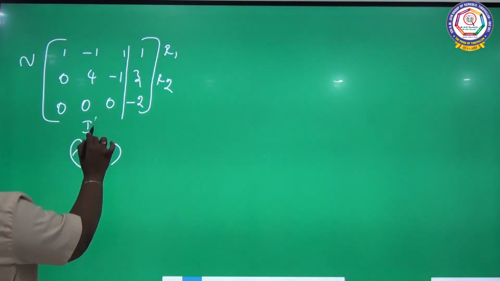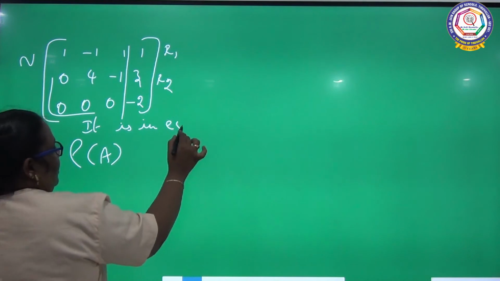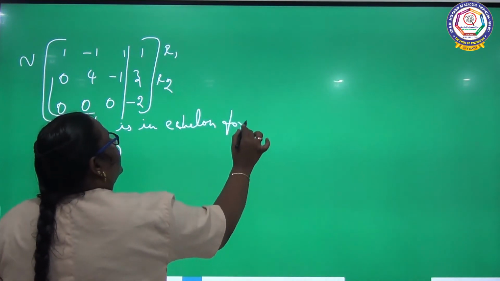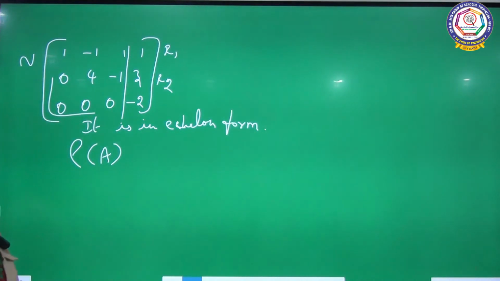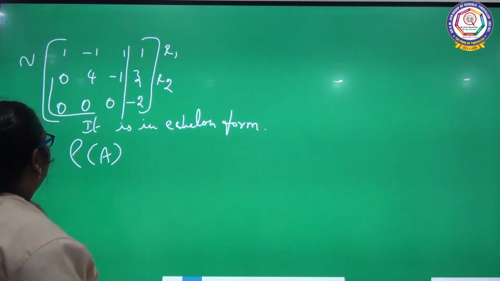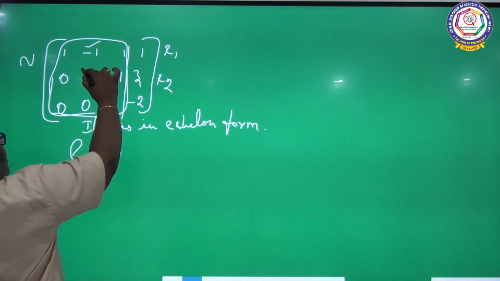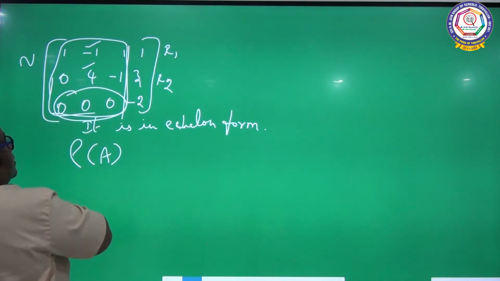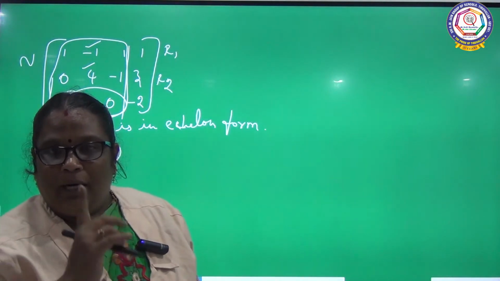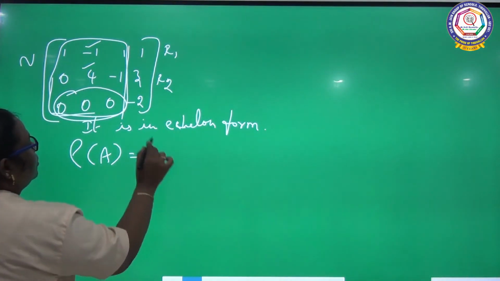It is in echelon form. This alone is the rank of A. How many non-zero rows are there? 1, 2. This is a zero row. Only 2 non-zero rows. So rank of A equals 2.